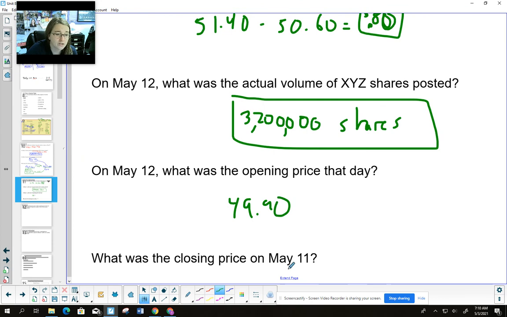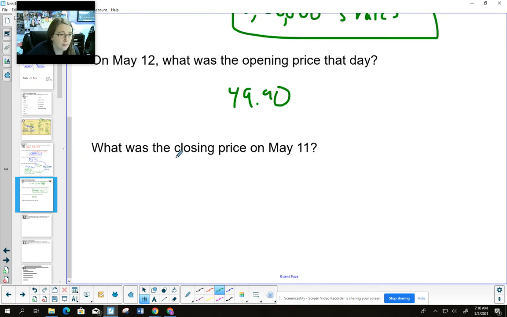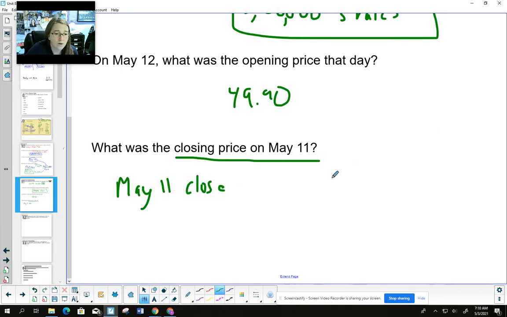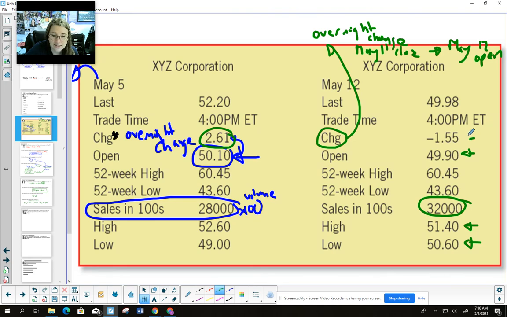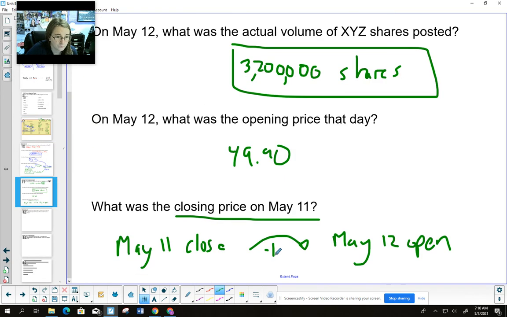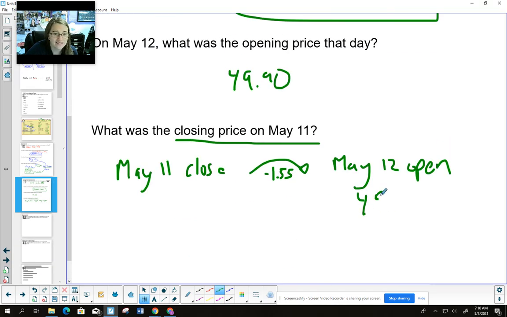Now again, here's how we do the last question. So the closing price on May 11th is our end goal. What we know is the change to the May 12th open. That change is negative 1.55. So this means overnight some bad things happened for this price to drop.